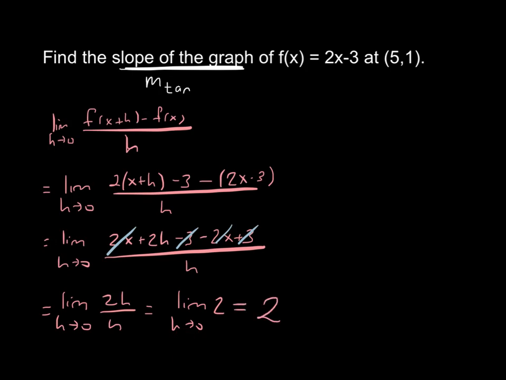And what's kind of funny about this problem is that we found that the slope of this line is 2 using calculus, where we could have seen that up here all along. Now this point is really irrelevant because the slope of a linear function is constant. The slope of this function at any point will always be equal to 2.